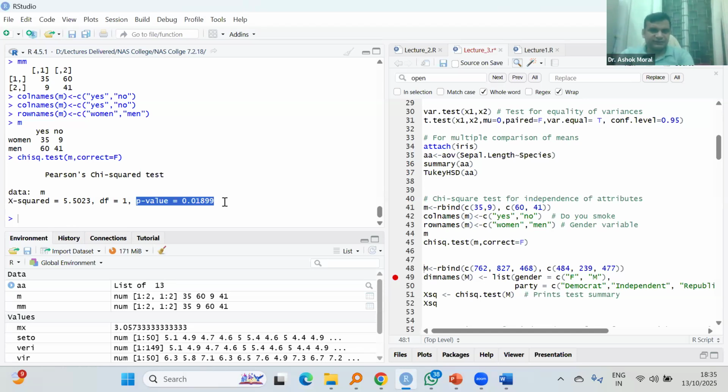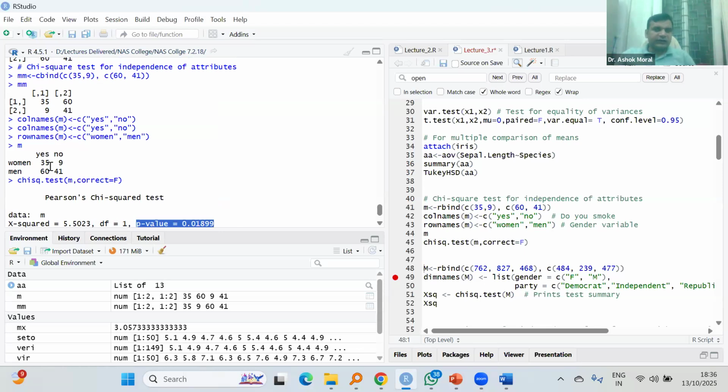Why so? Because we will reject the null hypothesis as the p value is 0.01 and it is less than 0.05. So we will reject the null hypothesis and conclude that the two variables are associated. Now there is a significant association between the two variables. So it is for the 2x2 contingency table.